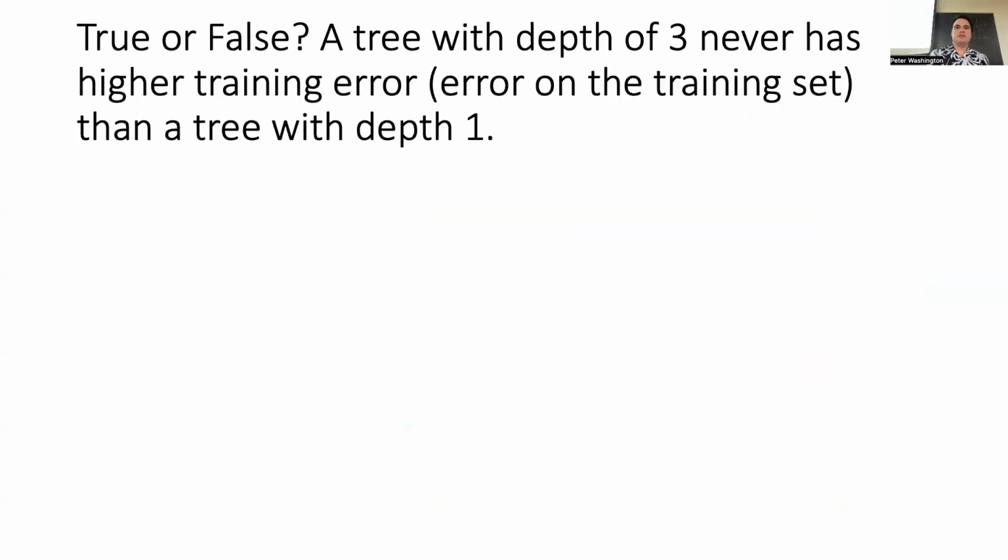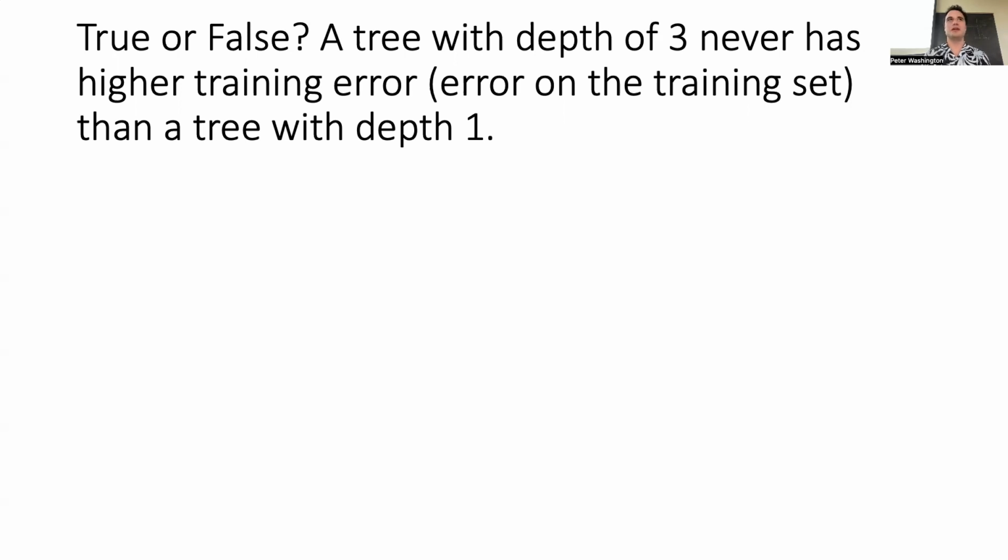Okay, a tree with depth of 3 never has higher training error, which is error on the training data set, not the test data set, than a tree with depth of 1. Think about it a little bit. Basically saying depth of 3 is never going to have more training error.